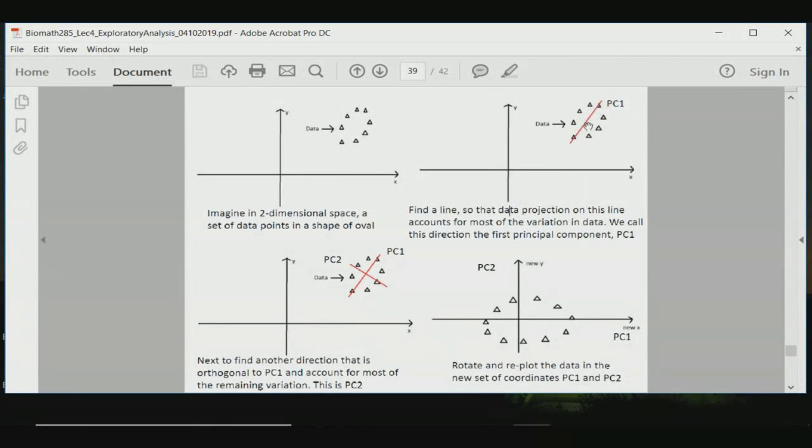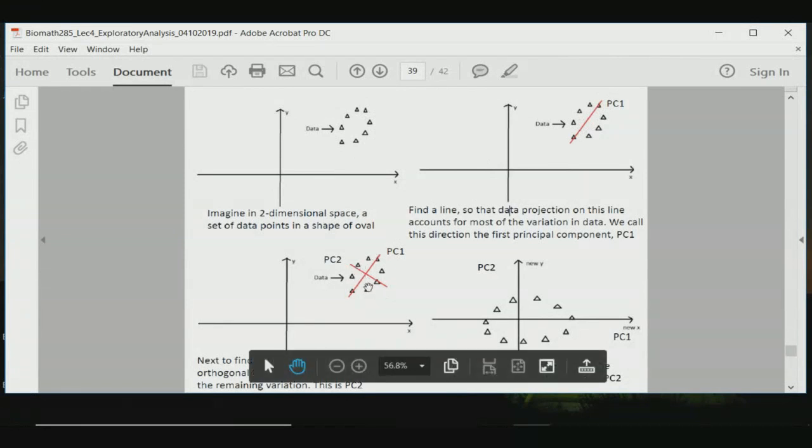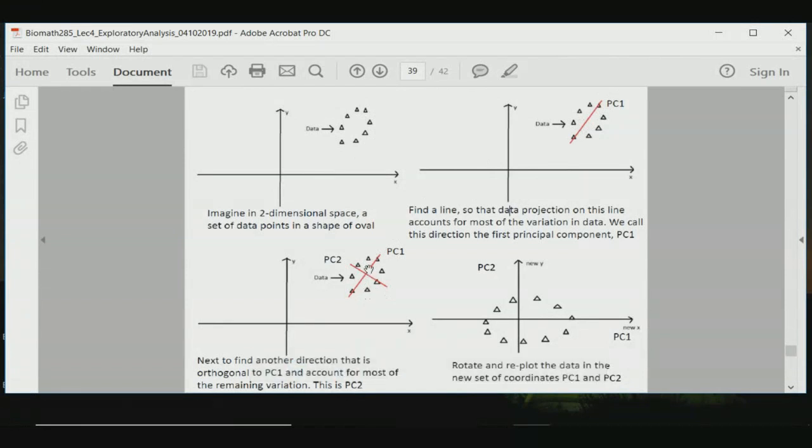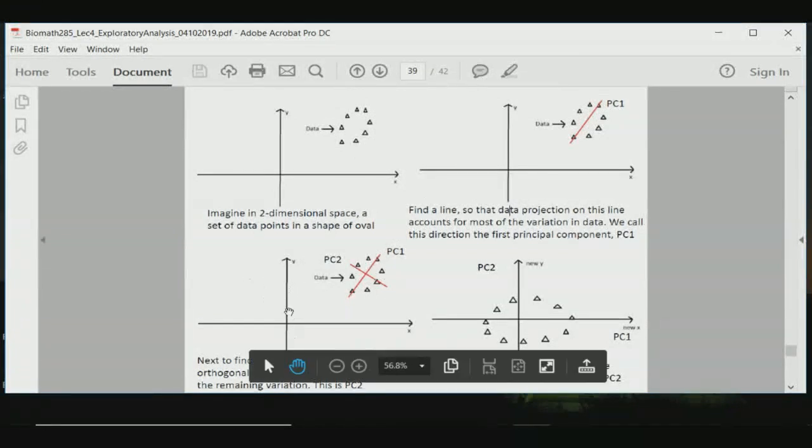And then the second principal component will be easy. It's just orthogonal to your first principal component. Okay? And now we have the first 2 principal components. To visualize the data, we discard the old coordinate, rotate, and form a new coordinate system.